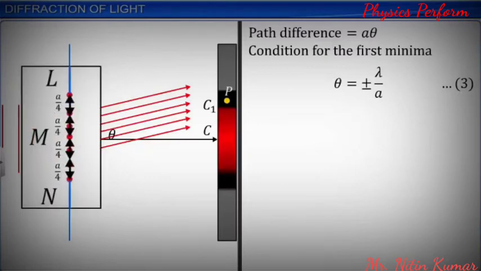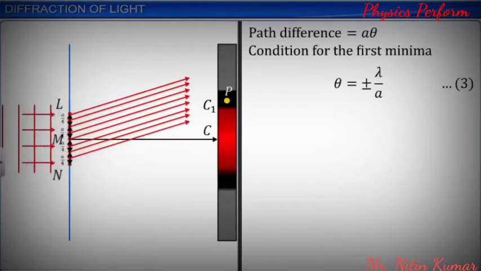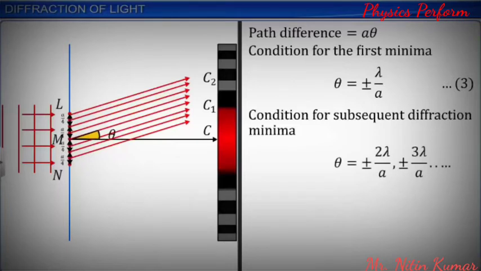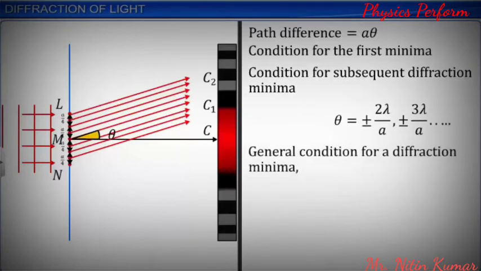And using a similar argument, we can show that the subsequent diffraction minima occur whenever theta is equal to plus or minus 2 lambda by a, plus or minus 3 lambda by a, and so on. So, the general condition for a diffraction minima can be written as theta is equal to n lambda by a, where n is an integer. Let this be equation 4.